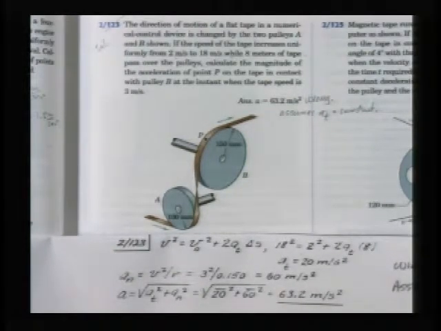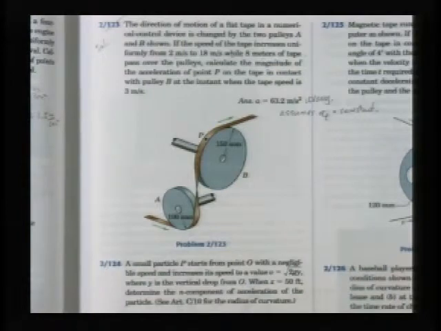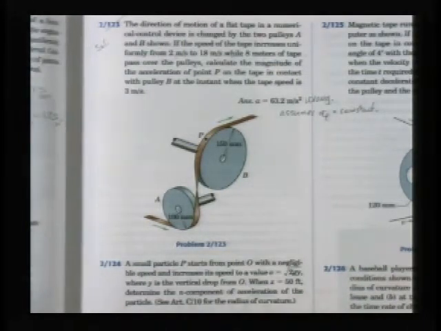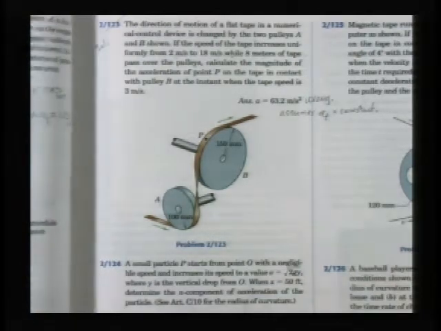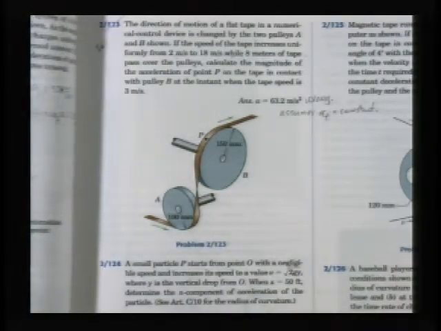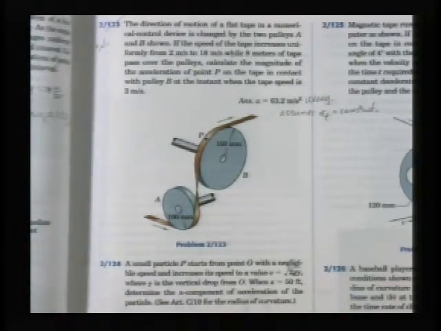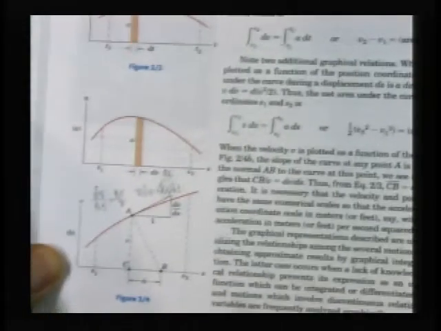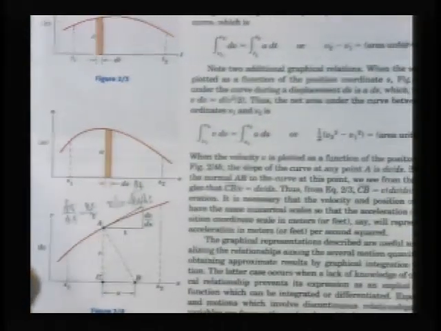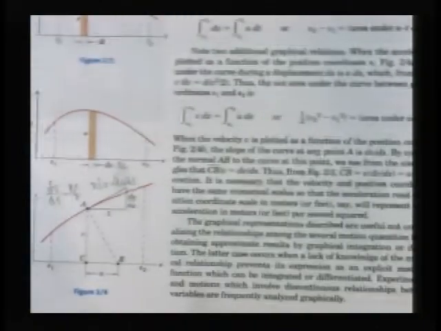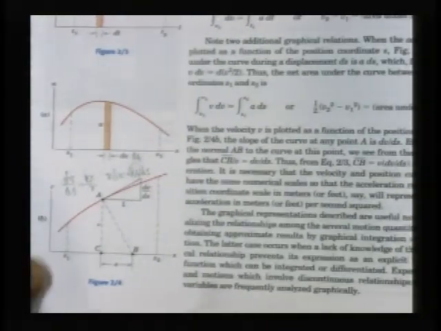So let me refer you back a few pages in the book to something that I did not cover with you. It's in the book. It's actually back here on page 24. Now take a look at this. There's a nice concept here on the bottom of page 24.